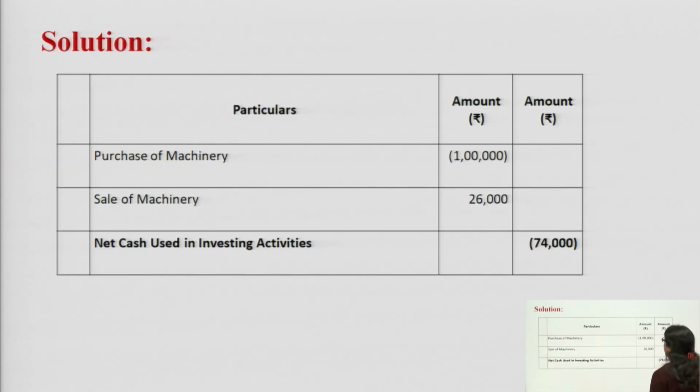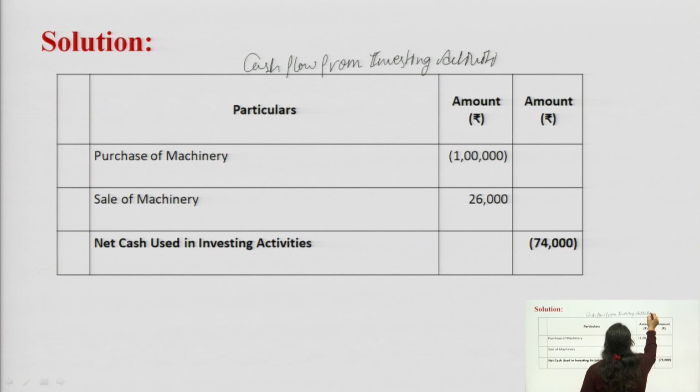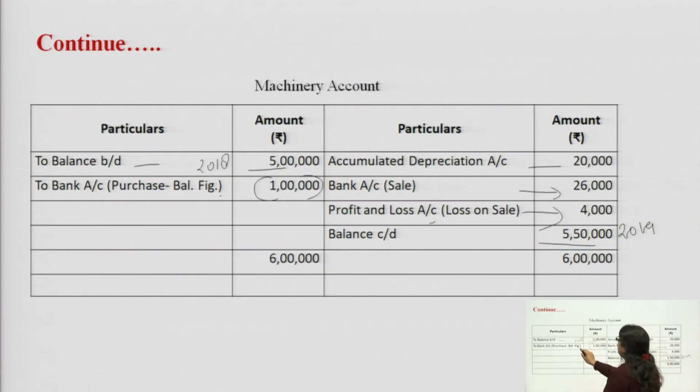We will put this into the statement, that is our cash flow from investing activity. Purchase of machinery was this, from where we have taken this amount, it is from the balancing figure, 1 lakh, because how much machinery has been purchased, how much costing, it was 1 lakh.